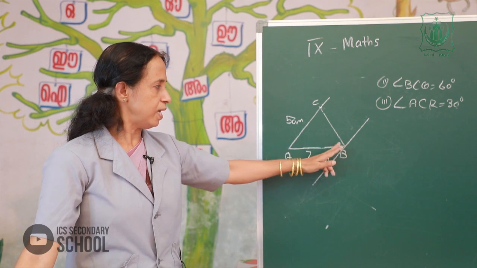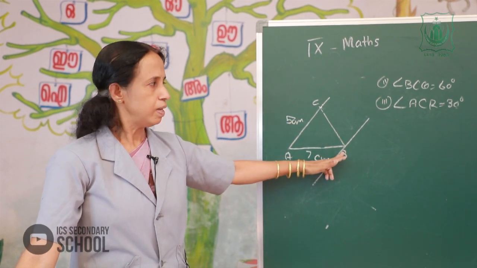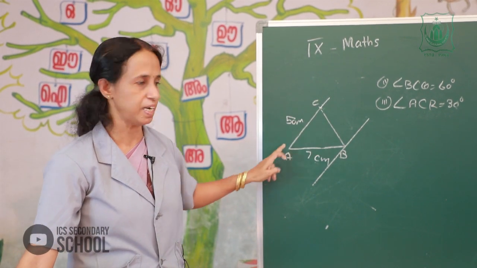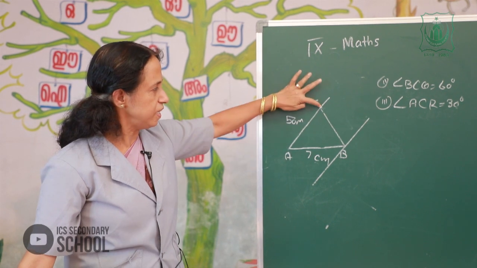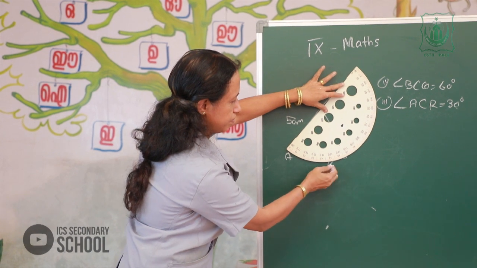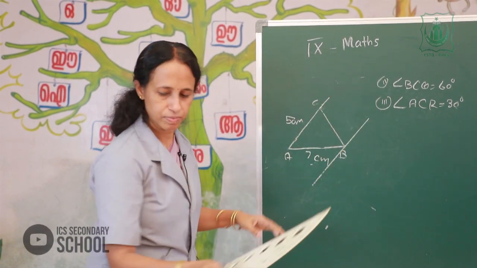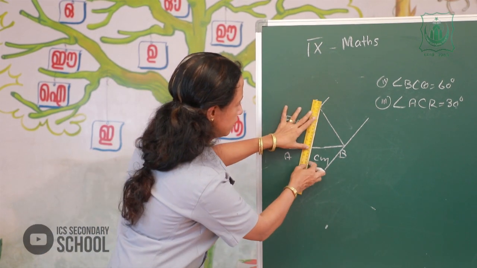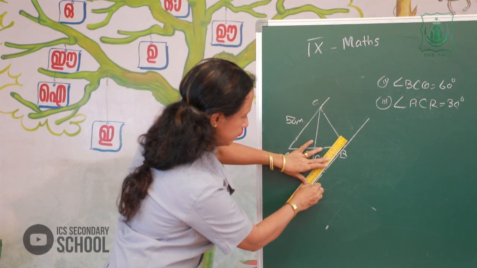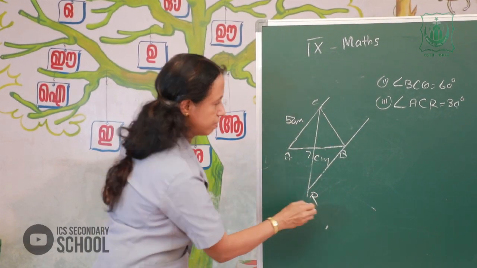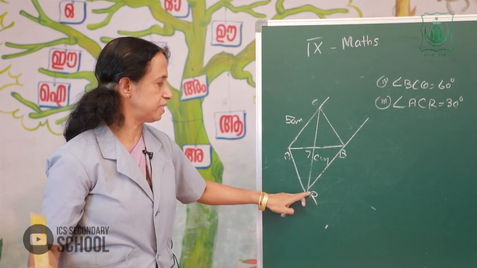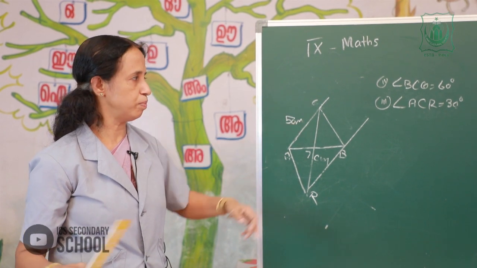Draw a line parallel to AC through B. Here, angle ACR equal to 30 degree. This angle 30 degree. Measure 30 degree. This meets at a point. This point R. Join A to R. Triangle ACR is formed.